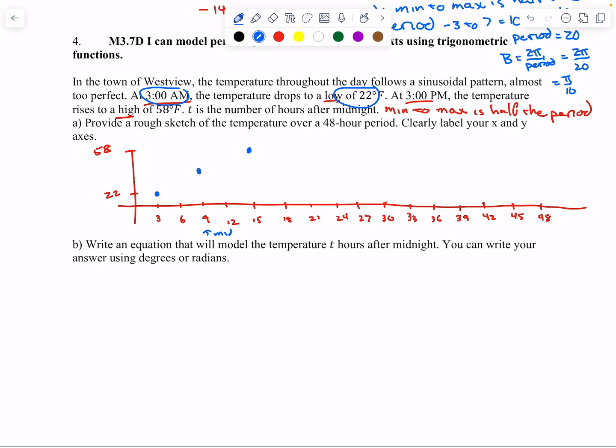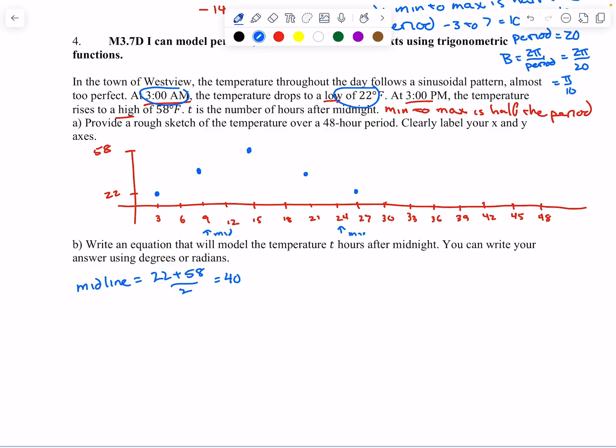Where is the midline? We'll need that for the equation. I wrote that on the next page. 40. Yeah. Okay. So back to the midline 6 hours later, back to the min 3 hours after the 24 hour.